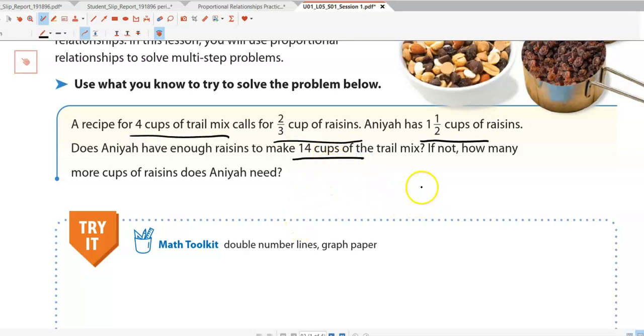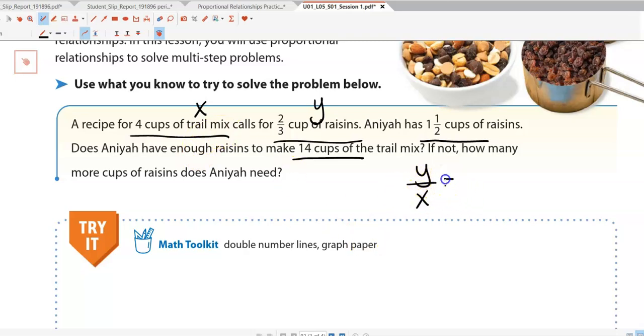So, when we are dealing with proportions, we can always go to our ratio, y divided by x. Now, in this problem, we're trying to find out how many cups of raisins to our cups of trail mix. So I'm going to be putting our cups of raisins as our y, that is dependent on our x here, our trail mix.